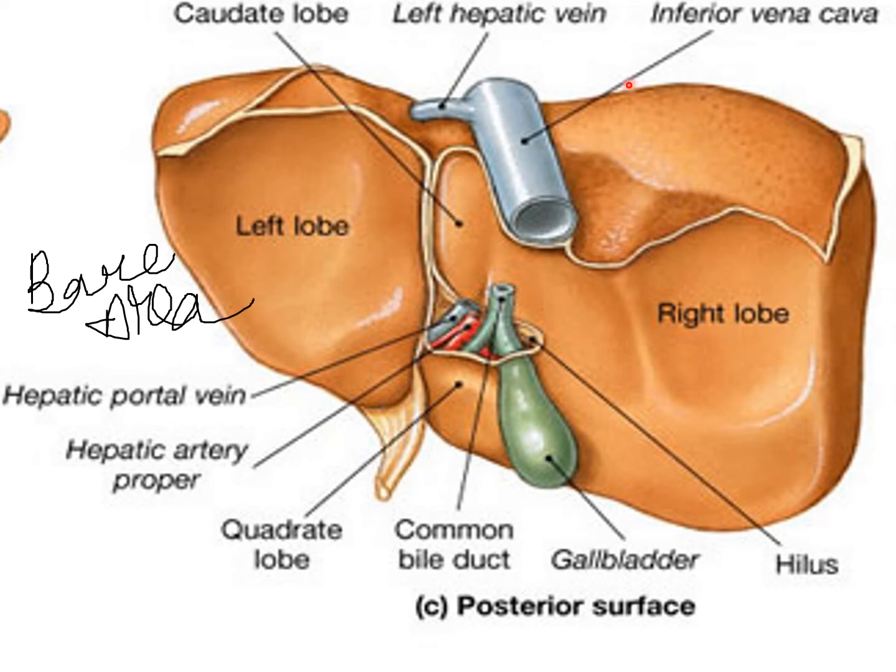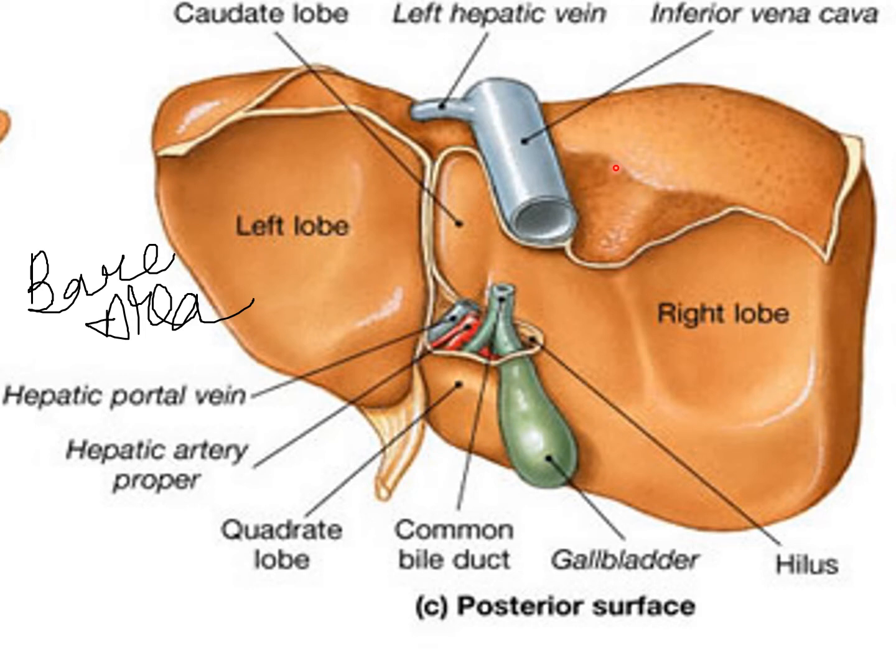Point number one, as you can see on the superior side, or rather the posterior surface of the liver, this is a bare area of the liver. This is the superior layer of the coronary ligament, this one is the inferior layer of the coronary ligament, and this is the right triangular ligament, right?